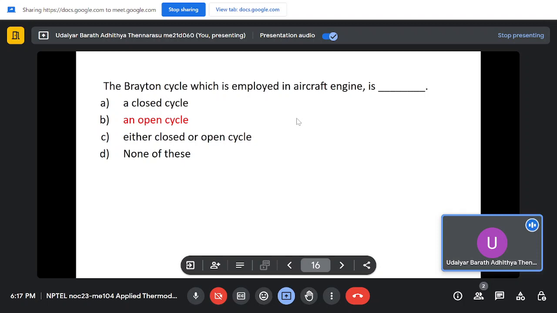Now the temperature is raised, and it will pass through the turbine, which will drive the compressor. After that, what will happen? There will be a nozzle where the exhaust is thrown out, which will create thrust. Now this exhaust is not going back. So this is not a closed cycle, this is an open cycle. So the answer is option B, an open cycle.